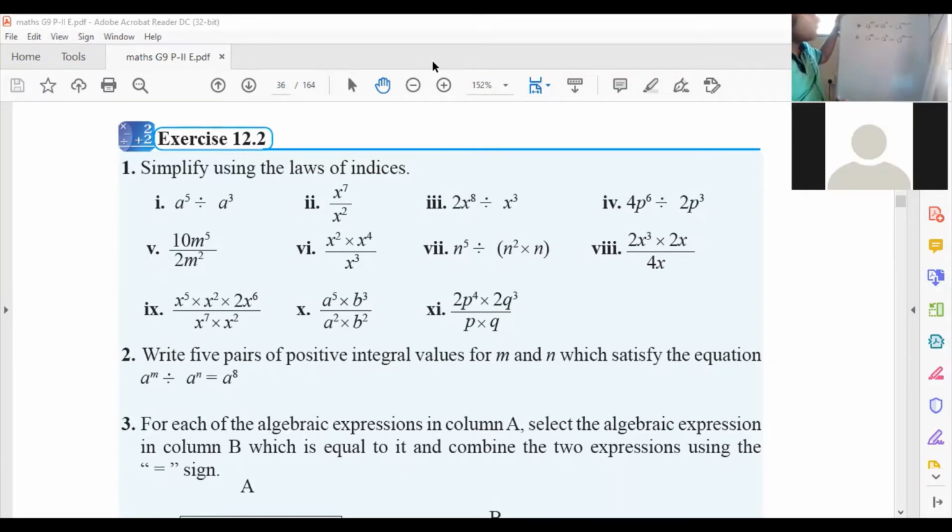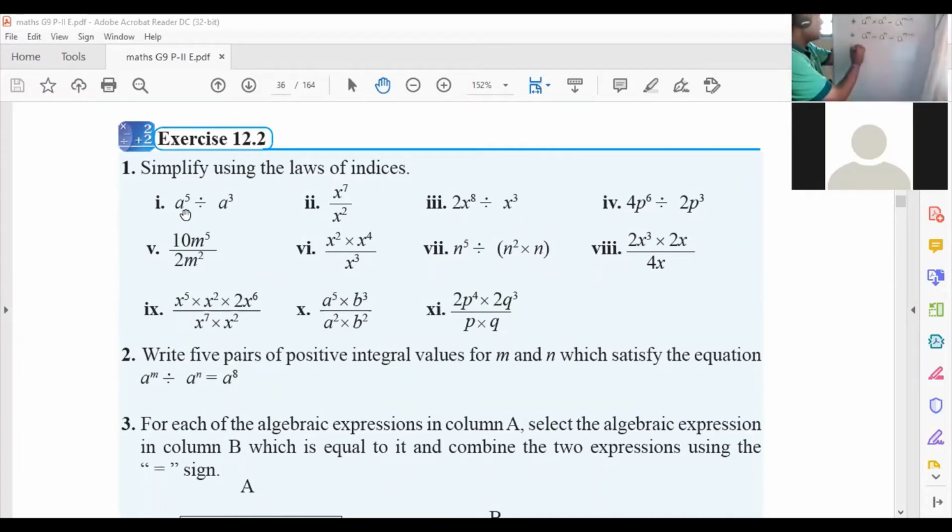Now, shall we apply these two laws of indices in solving these kinds of questions? What should be the answer for this? A to the power 5 divided by a to the power 3. When dividing same bases, indices should be subtracted.